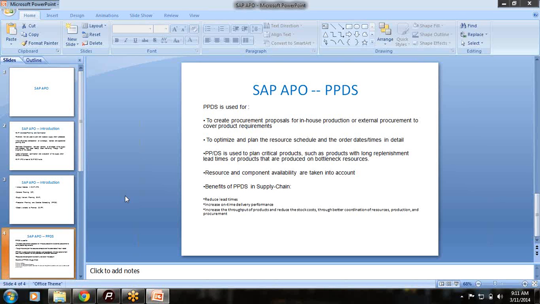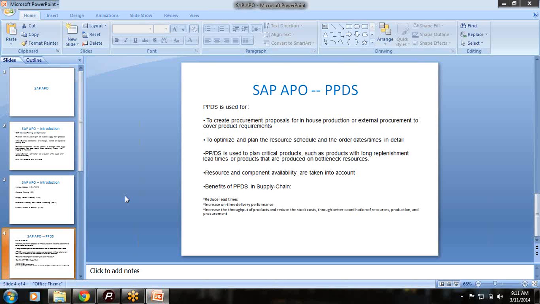And if we are going to procure something from outside, this is called external procurement. So it can be either in-house production when we are manufacturing it ourselves, or if we are going to buy it from outside from some vendor or from some other party, then it is external procurement. So basically PPDS is used for planning of these things, either in-house production or external procurement.